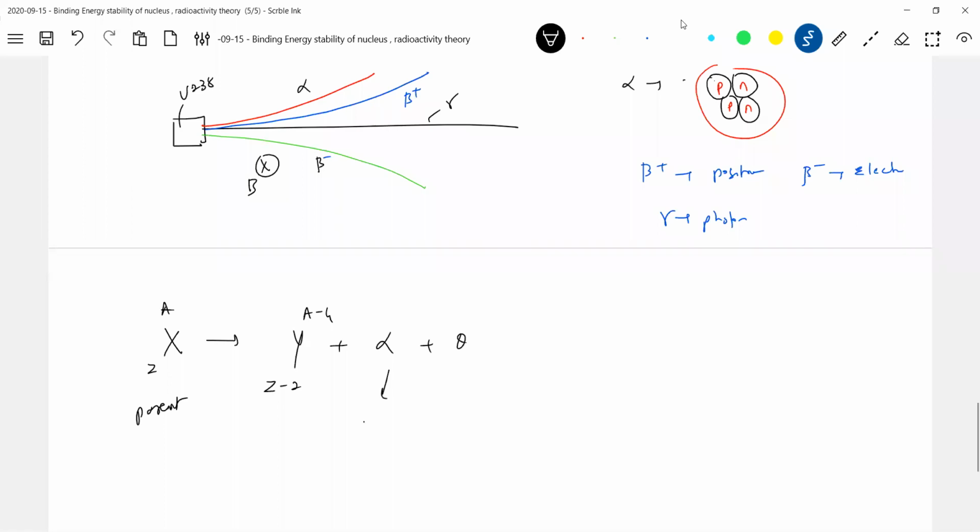This is the alpha particle, this is the energy released, this is the newly formed daughter nucleus, and this is the unstable parent nucleus.